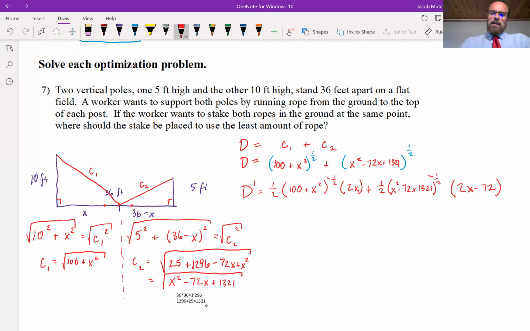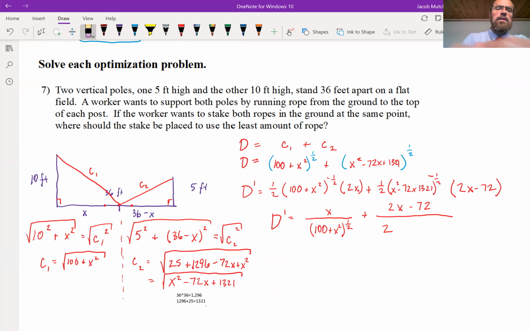Again, I want to simplify that derivative. So in my numerator I have 2x over 2. I see my 2's are going to cancel there, so I'm just going to cancel them right away. Over 100 plus x squared to the power of half. And then for my second equation, I'm going to have 2x minus 72 over the half goes down there.